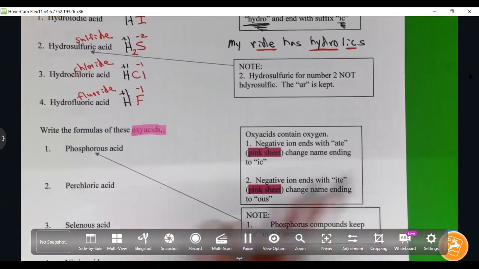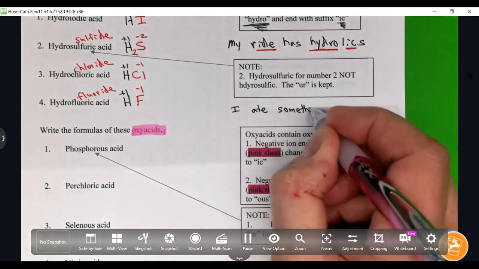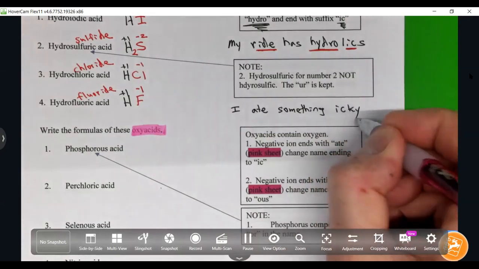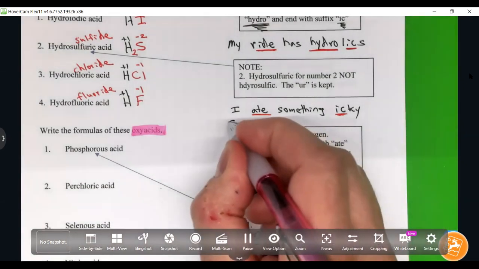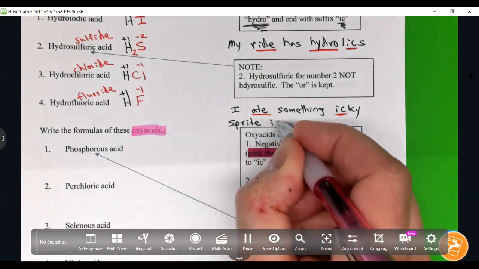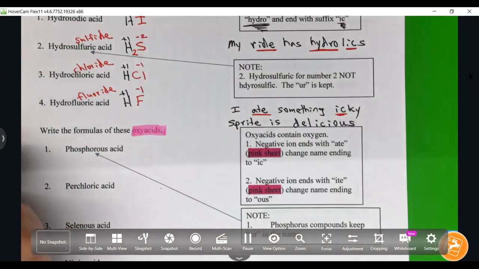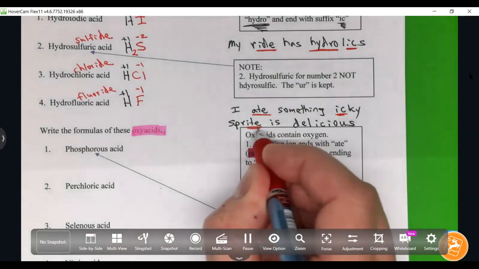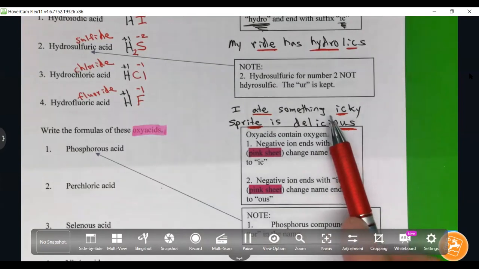And there's a mnemonic for these, and these are pretty good for this.